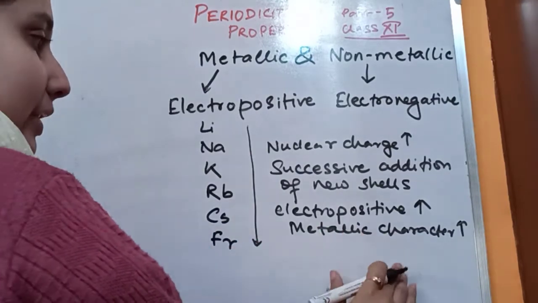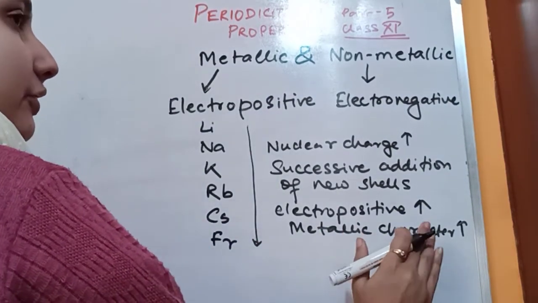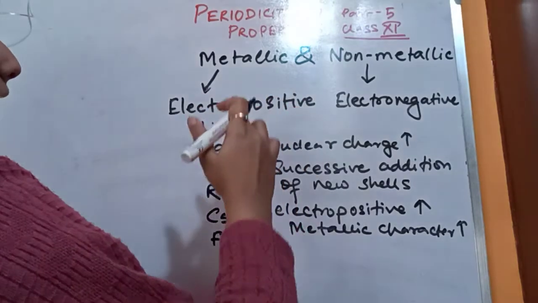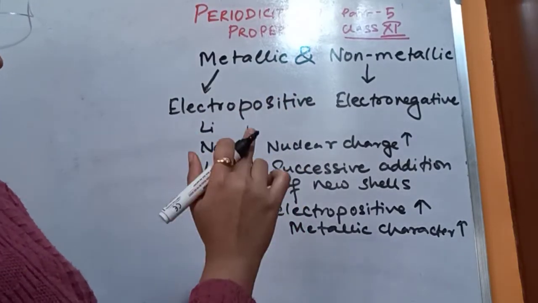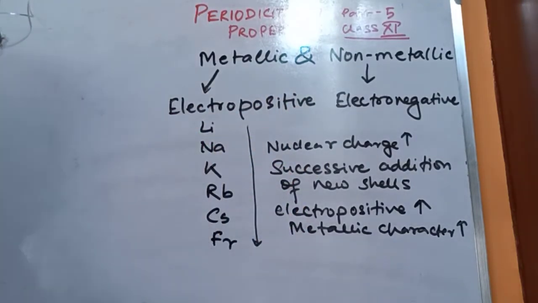So across a period, the metallic character decreases, non-metallic character increases, and down a group, the metallic character increases and non-metallic character decreases. Okay. So this is the metallic and non-metallic character of the elements. Now I'll come to the oxides. The metallic and non-metallic character depends on the nature of the oxides.